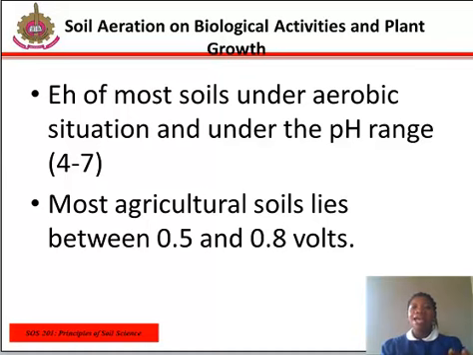This aerobic activity continues in the soil when the oxygen concentration is not less than 3 to 6 times 10 raised to the power minus 6 molar. The redox potential, Eh, of most soils under aerobic situations and under the pH range 4 to 7, prevalent in most agricultural soils, lies between 0.5 and 0.8 volts.